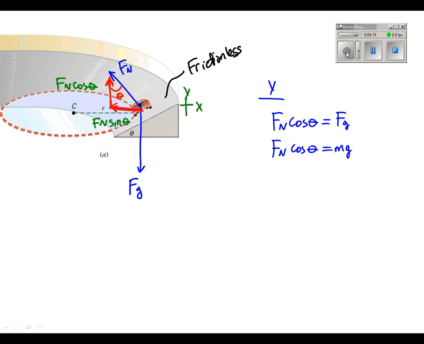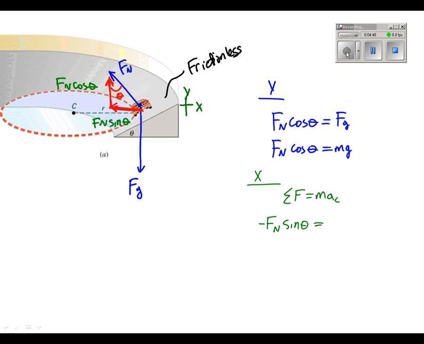And in the x direction, we'll do something similar, except in the y direction, all the forces added up to 0, so you knew that those were equal and opposite. In the x direction, no. Sum of the forces equals ma, because there is acceleration occurring in the x direction, and the only force acting is the Fn sine theta, and it's acting to the left, so I'm going to put a negative sign there.